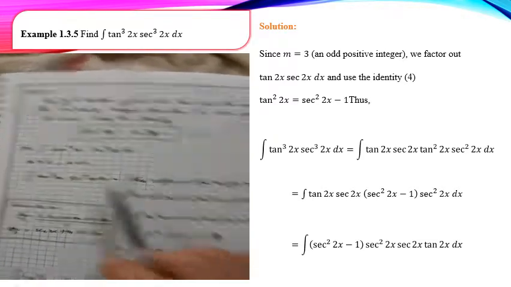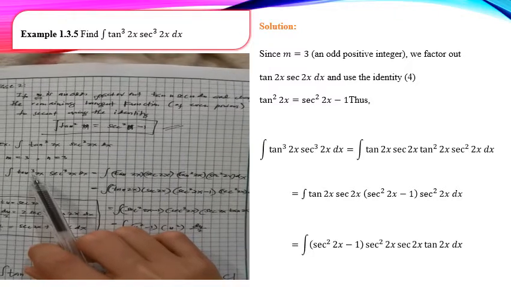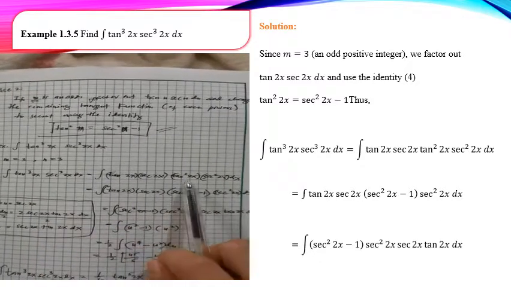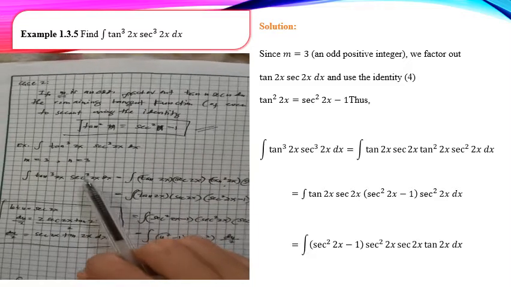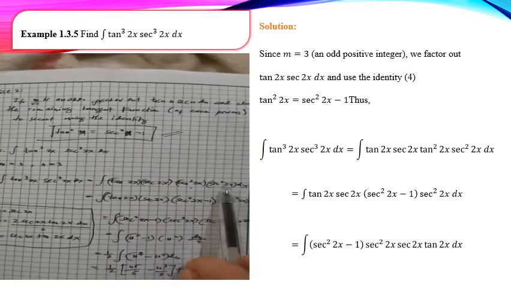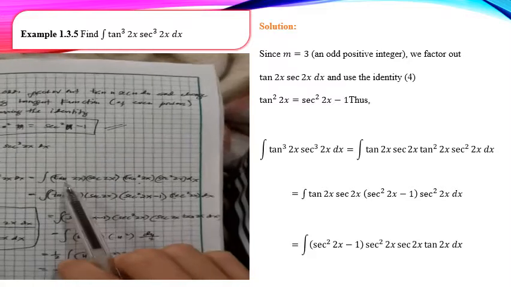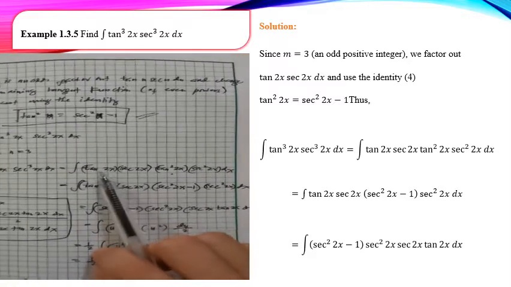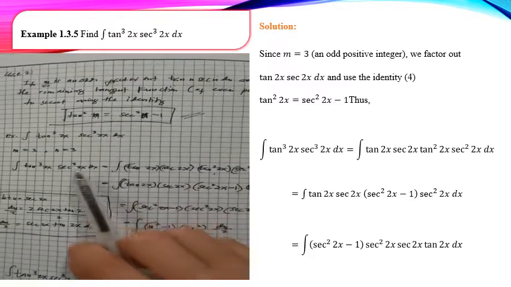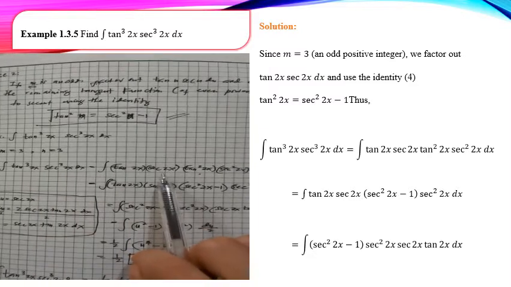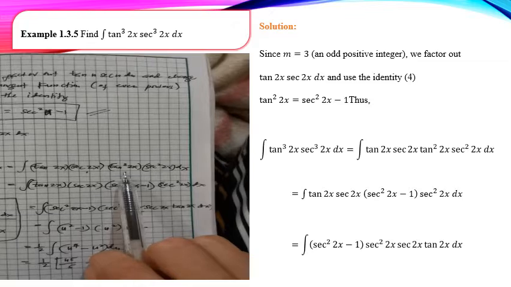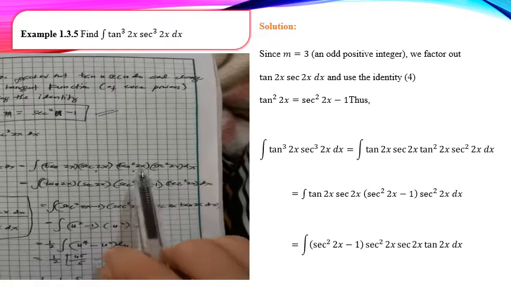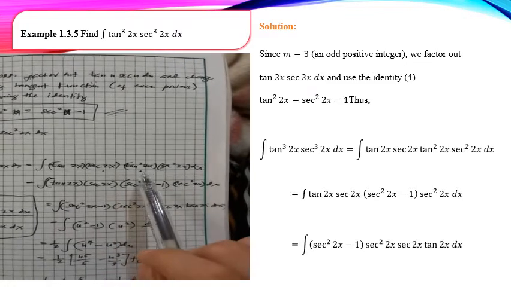So, pag binawasan natin si tangent cube ng isa, dalawa na lang yung matitira. The same with the secant cube, babawasan natin yun ng isa, then dalawa na lang din yung matitira. So, etong sinulat ko dito sa first, eto yung binawas natin kay tangent na isa, then eto naman yung binawas natin kay secant na isa, and then eto yung mga remaining or natira after tayong nag-factor out.